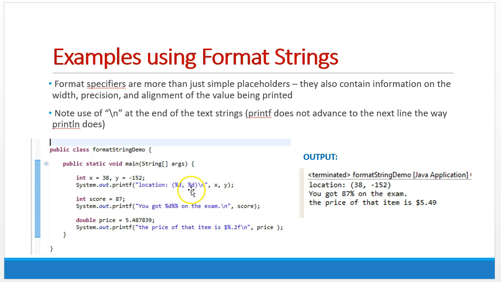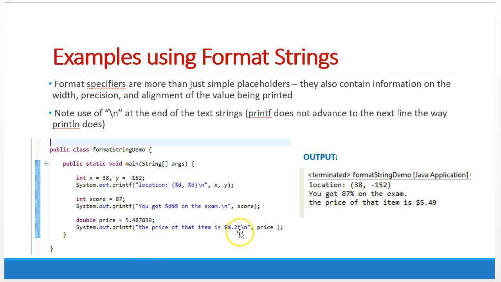So in this case they're using %d, which unfortunately really probably should have been something else, but that just means it's an integer. So d is integer, so it takes an integer here, and then it prints those integers there. Here they're showing you need 2 % signs in order to get 1 % in the output.